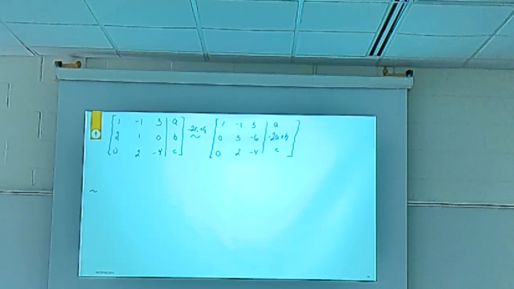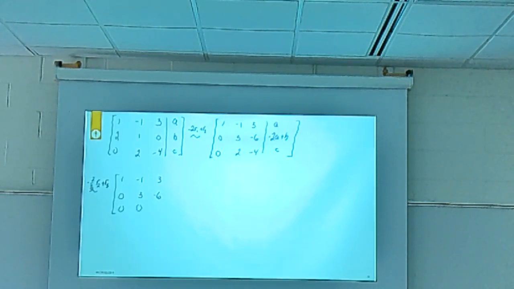Multiply by 2/3, and add to row 3. And notice what you're going to get.